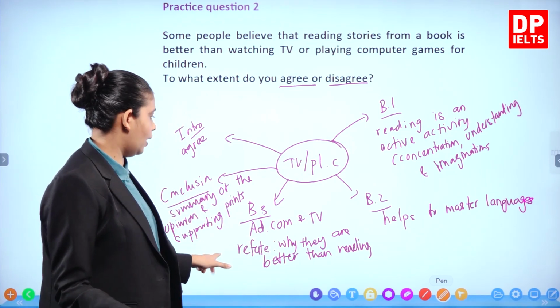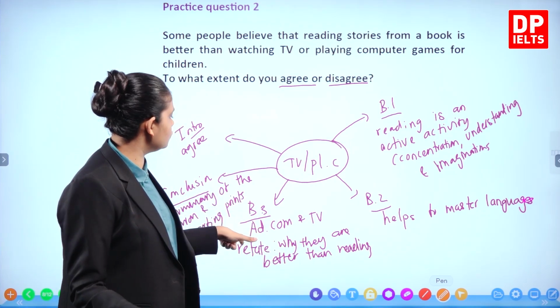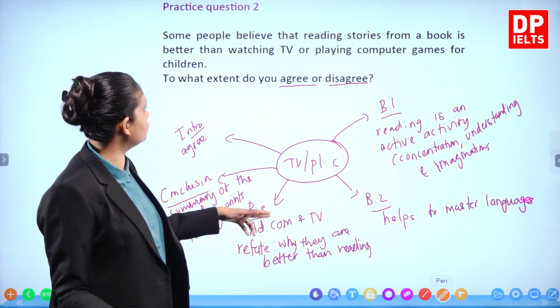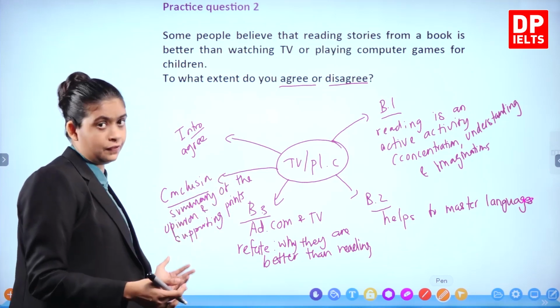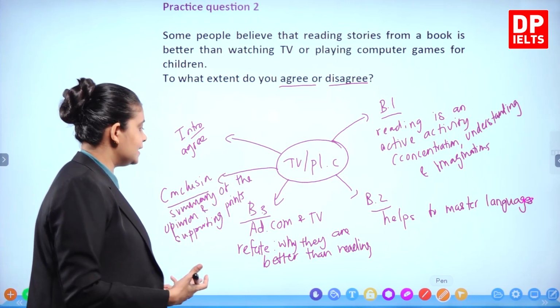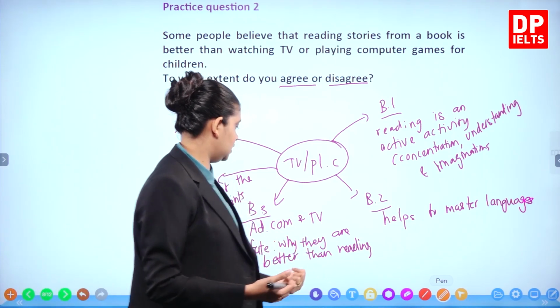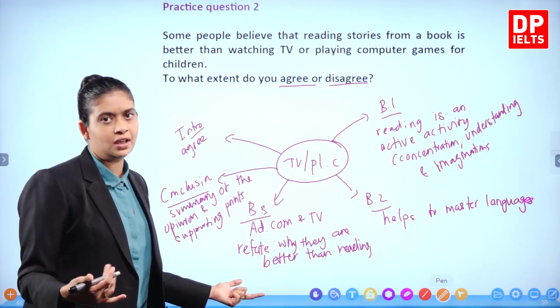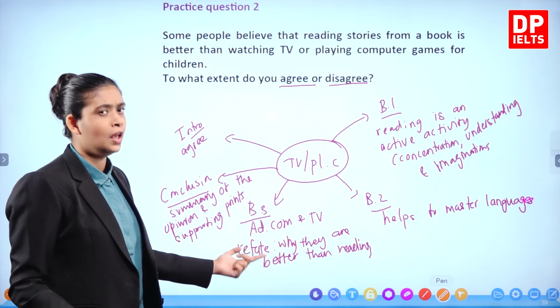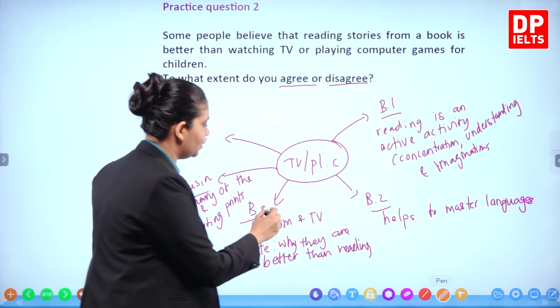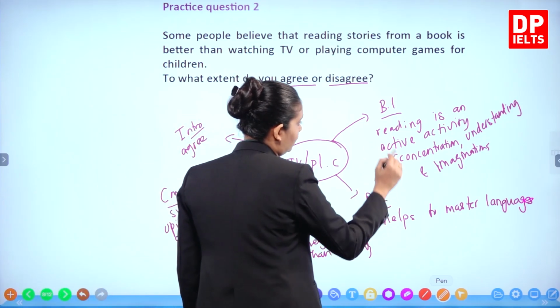Third body para, I would like you to talk about the advantages of watching TV and playing computer games, but refute and say, but it is not better than reading. They do have advantages, but reading is much better than these two. Now some people can say, no, we don't want to write this, we just write these two.